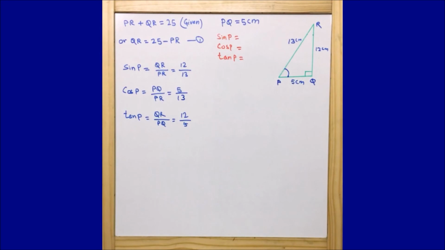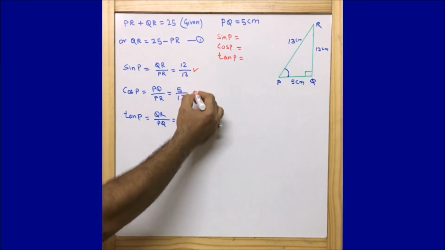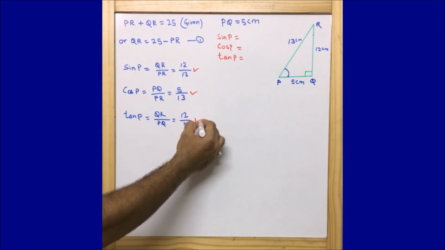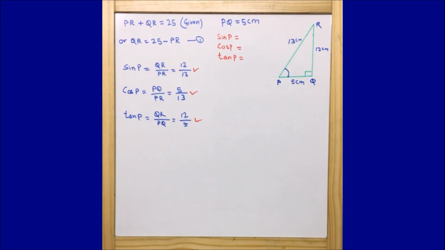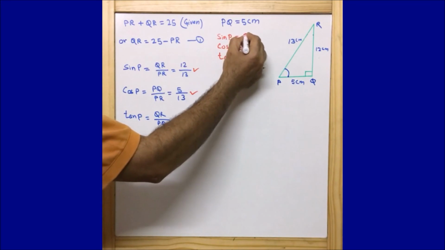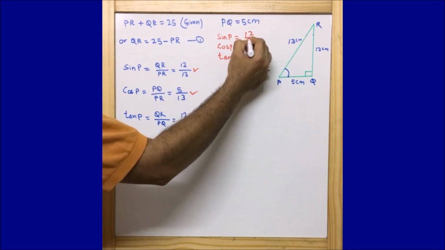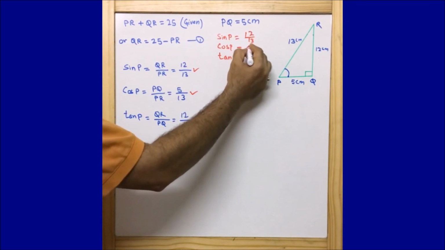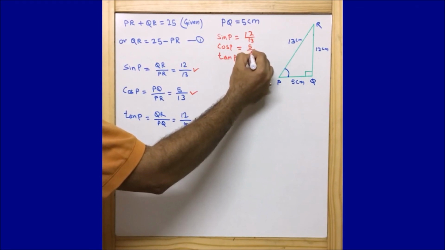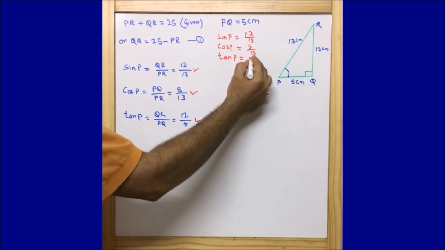So we are able to get these values: sin P as 12 upon 13, cos P as 5 by 13 and tan P as 12 by 5.